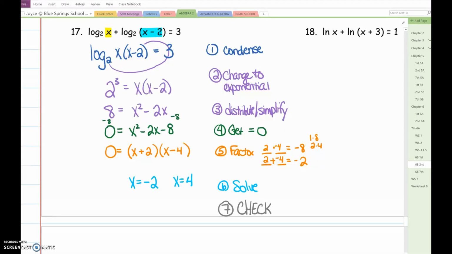If we put -2 into the yellow, will the yellow be positive or negative? Negative, so that one doesn't work. If we put 4 right here in the yellow, log base 2 of 4, that's fine. 4 minus 2, that's positive, that's fine. So x equals 4 is our solution.